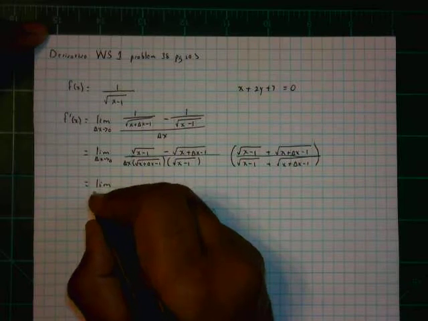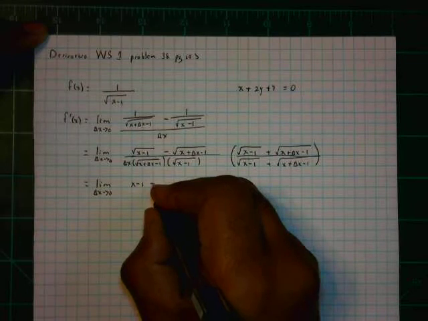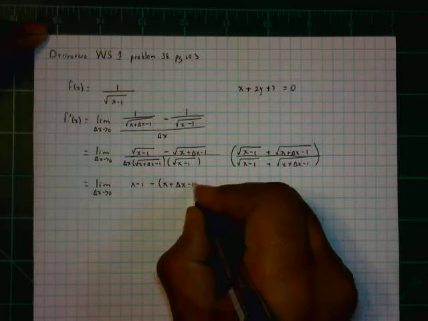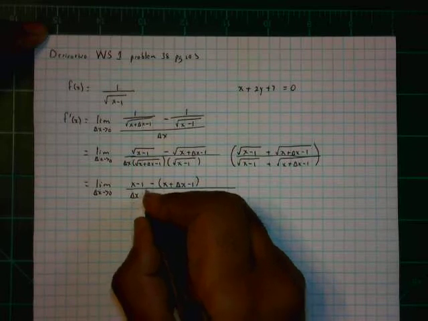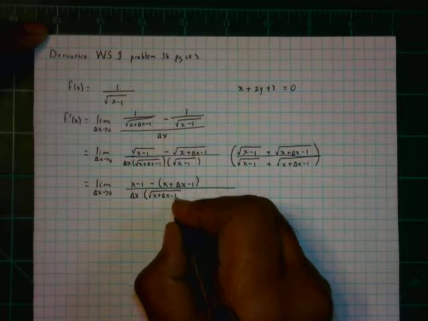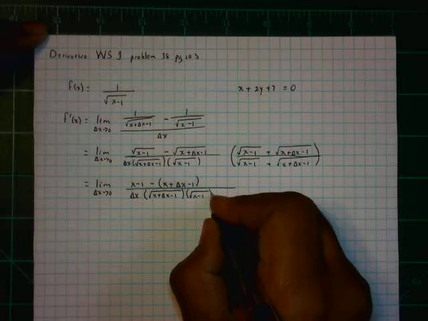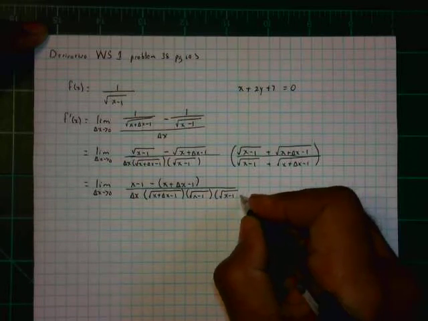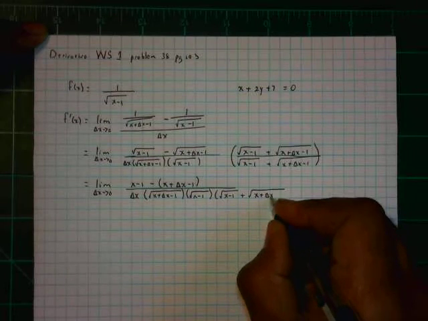The limit as delta x goes to 0 of x minus 1 minus x plus delta x minus 1, all over delta x times the square root of x plus delta x minus 1 times the square root of x minus 1 times the square root of x minus 1 plus the square root of x plus delta x minus 1.